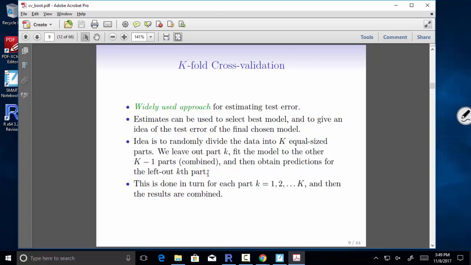Here's the idea. We randomly divide our training data into k equal-sized parts. Suppose we're doing 5-fold cross-validation. K is equal to 5. In the baseball data, we're going to divvy up our 1,000 players randomly into 5 equal chunks.